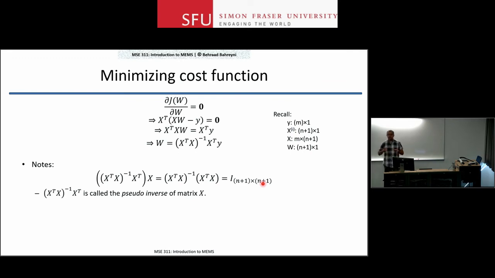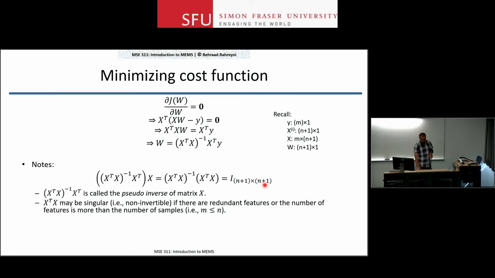It's called the pseudo-inverse because X may not be a square matrix. Usually we only have an inverse of a square matrix. In this case, X most likely is not a square matrix. But nonetheless, if you multiply it by this combination, we get the unity matrix whose dimensions are n plus 1 by n plus 1. It's a very commonly used feature. The pseudo-inverse is used a lot in linear algebra.